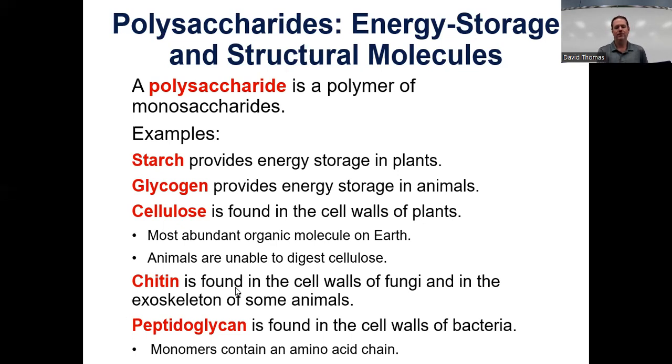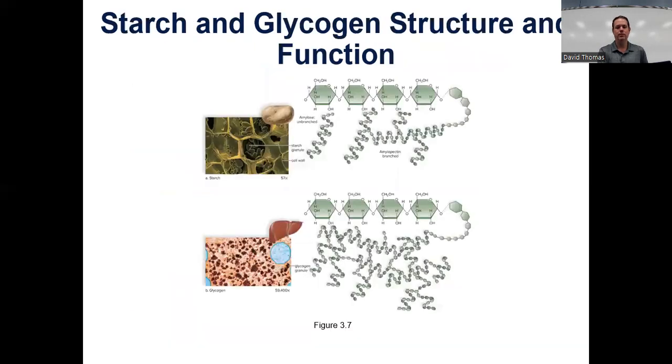Chitin, this is another polysaccharide that you find in cell walls of fungi and in the outer exoskeleton in things like insects. Peptidoglycans, these are complex carbohydrates or polysaccharides that are found in the cell walls of the bacteria. Lots of examples of polysaccharides.